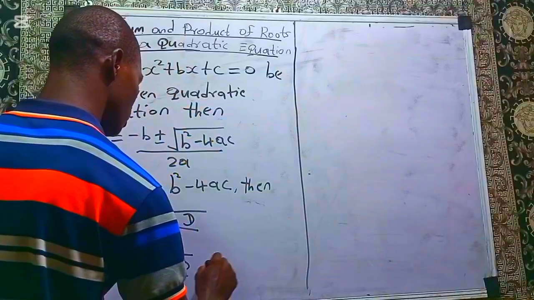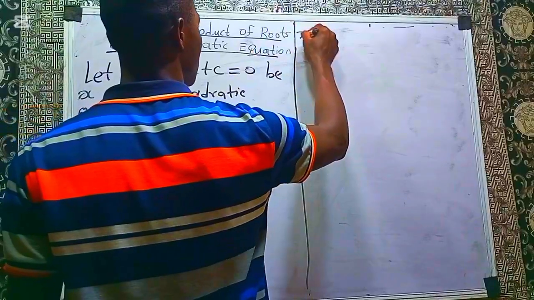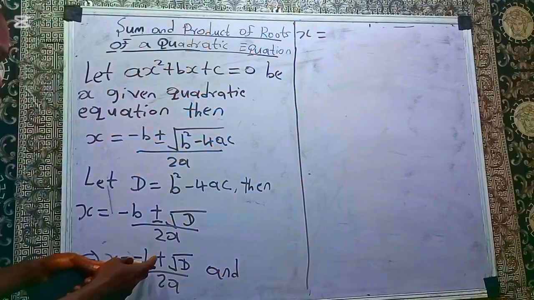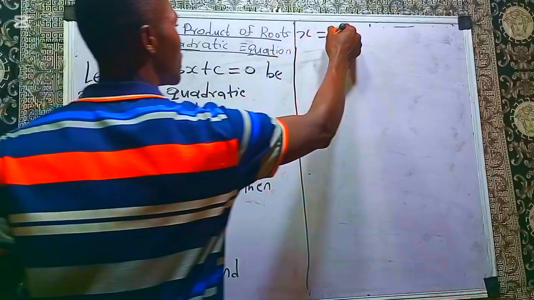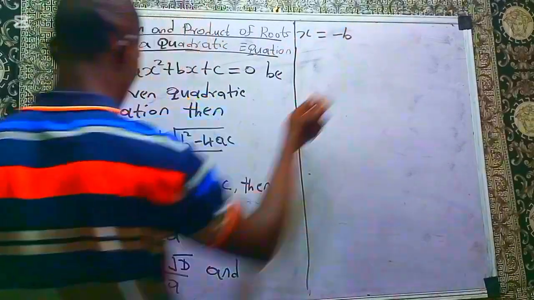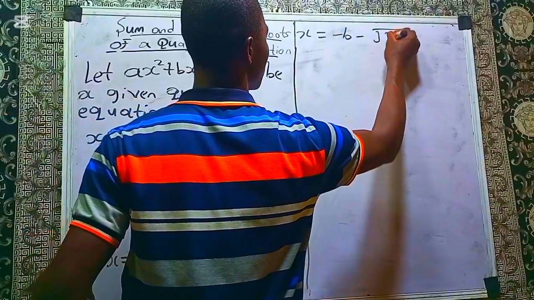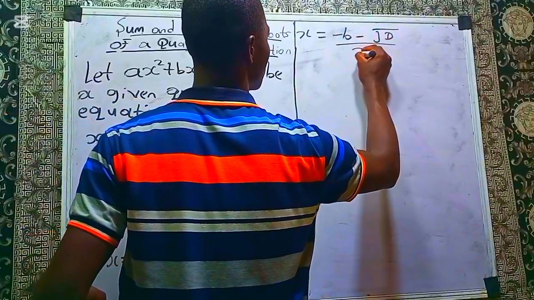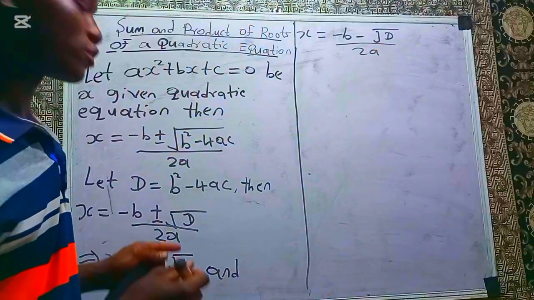And the other one: you take the negative part here, and x will be equal to negative b minus the square root of d, divided by 2a. So both of them will give you the roots of the quadratic equation.